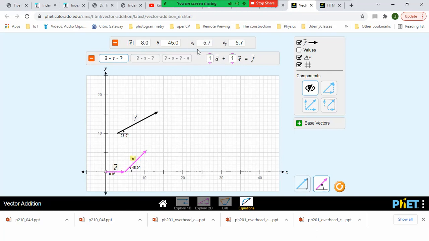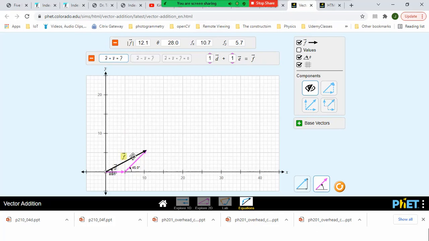We're going to add the sub x right here with this sub x. So 5 plus 5.7 is going to be 10.7. This resultant vector is going to have an x component of 10.7.